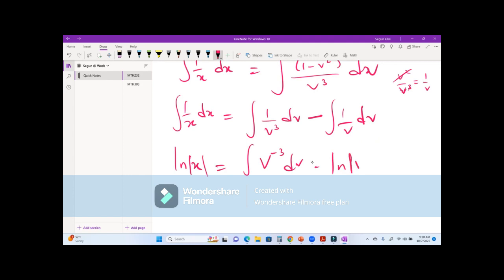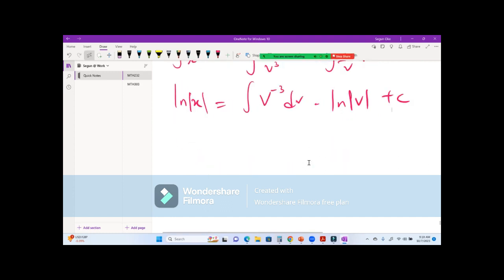Ln absolute value of v, everything plus c. So if I want to integrate this one alone, what do I have? Remember, the integration of this will be the same thing as v to the minus 3 plus 1 over minus 3 plus 1. So which is going to be what?